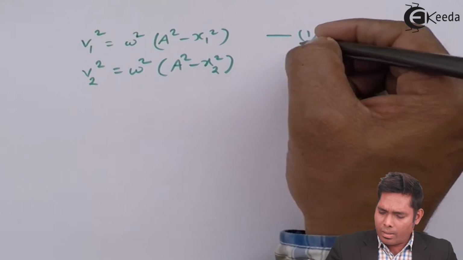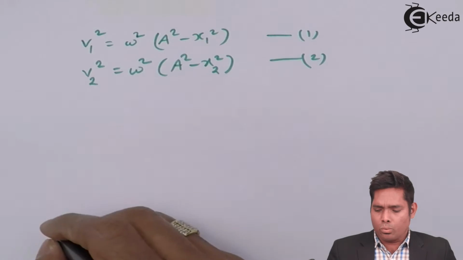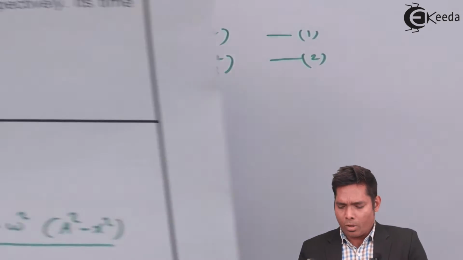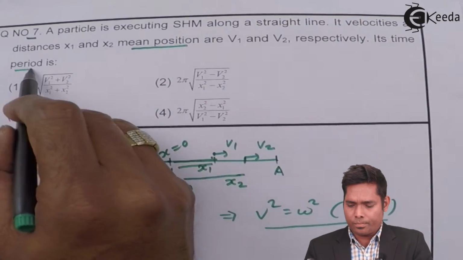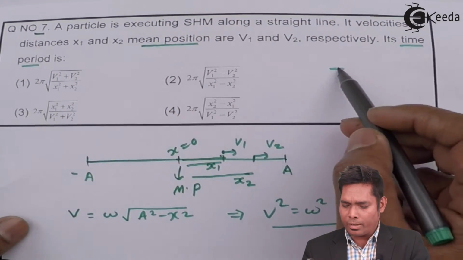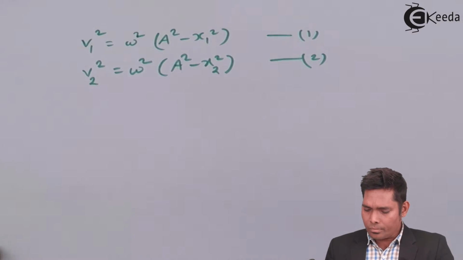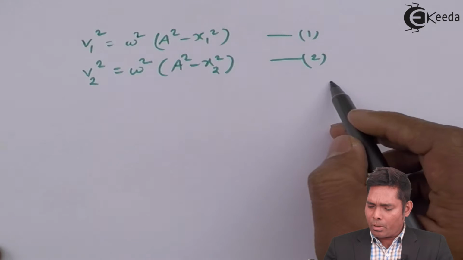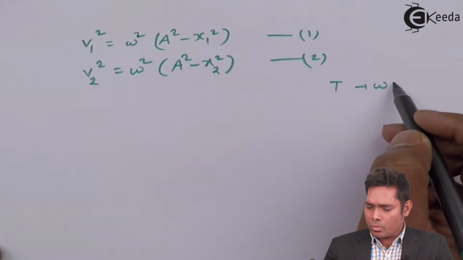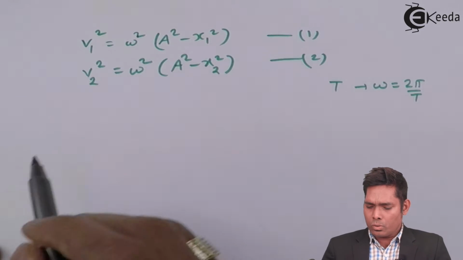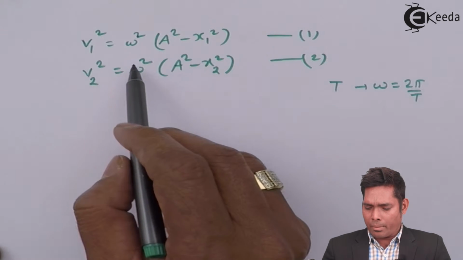So this is equation 1 and this is equation 2. I have to find omega because I have to find the time period T of this oscillation, and T can be obtained from omega because omega is 2 pi over T.